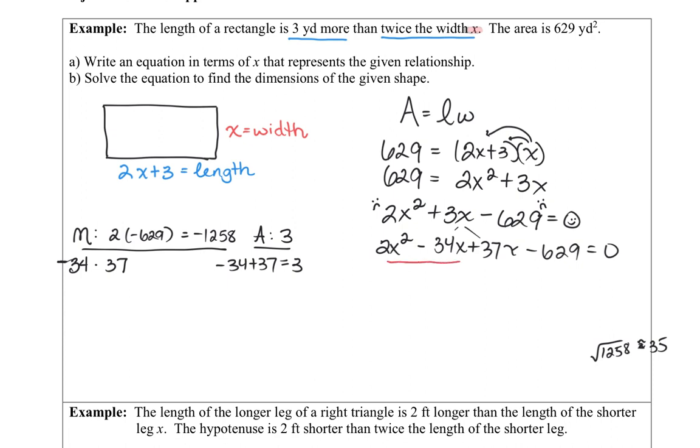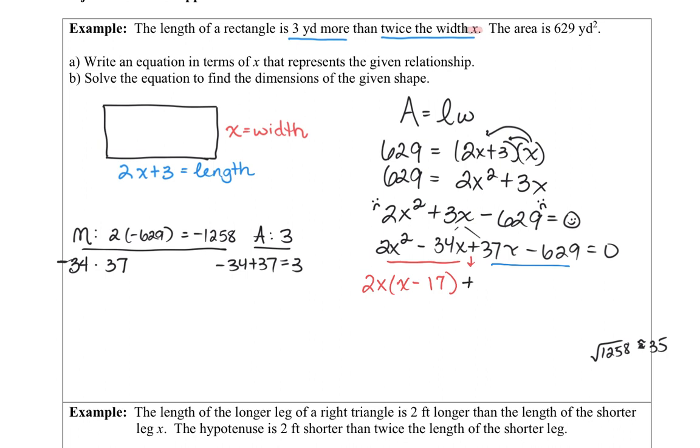So I'm going to go ahead and group. My first pair has a 2 in common and an x in common. So 2x times x minus 17, 2x squared minus 34x. Bring down my plus.